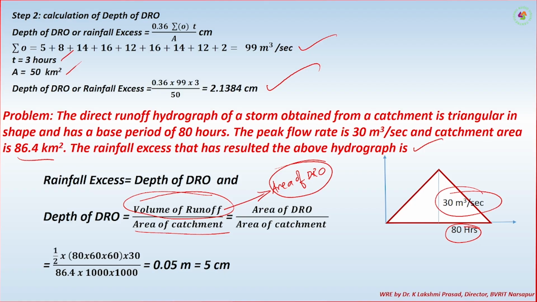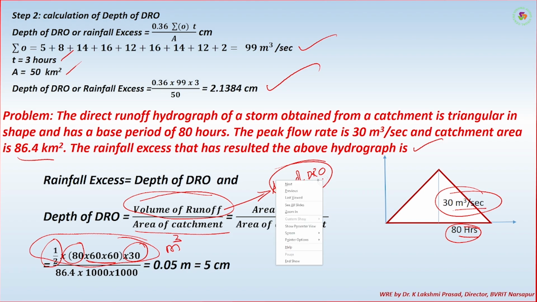How do you get the area of this triangle? Half × base × height, so half × 80 × 30. But the units: this is hours and this is m³/s, so we convert hours to seconds. All this will give you cubic meters.